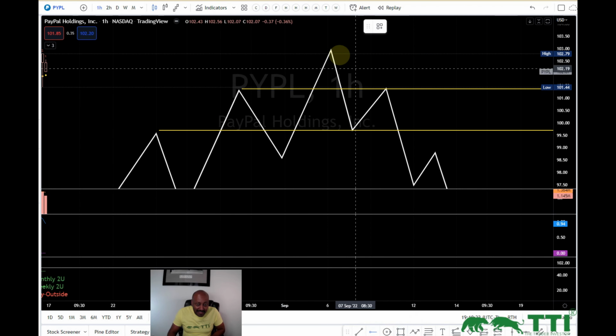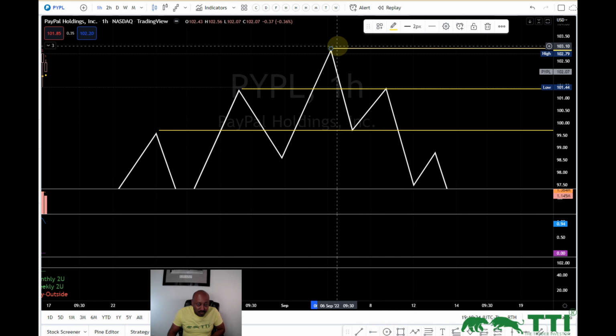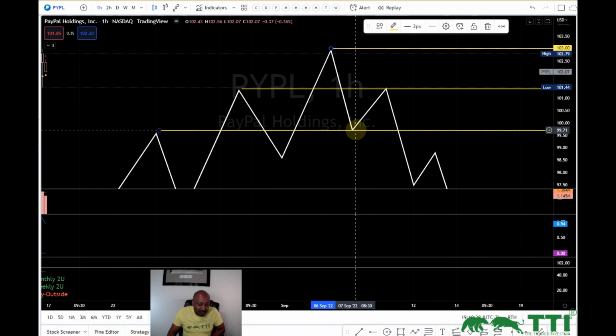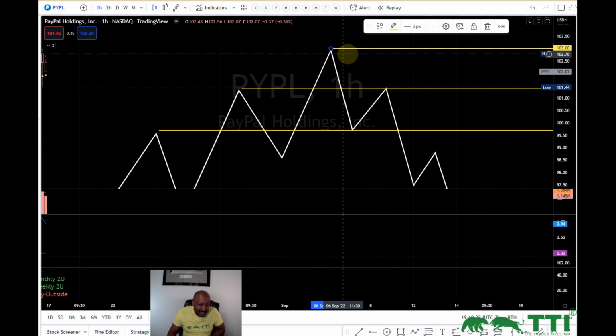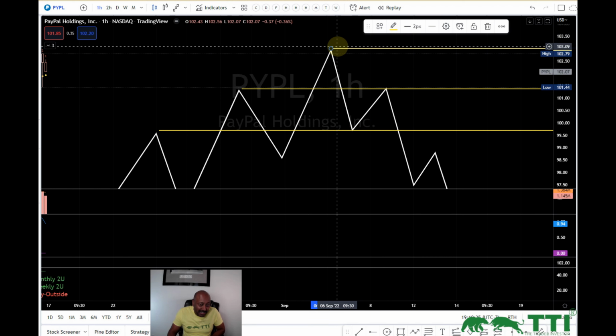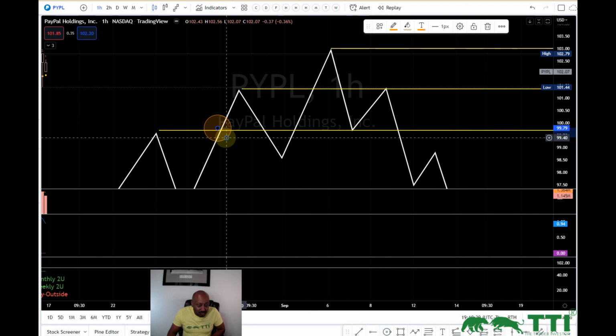In this last instance, you break a high, but you don't have a higher low that breaks this high. So this high is never broken. You make a high, but you don't break it. Your entry is when you break it.